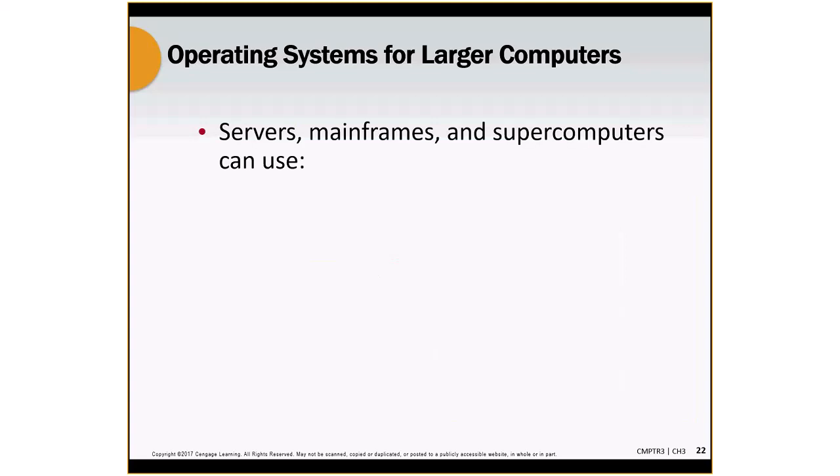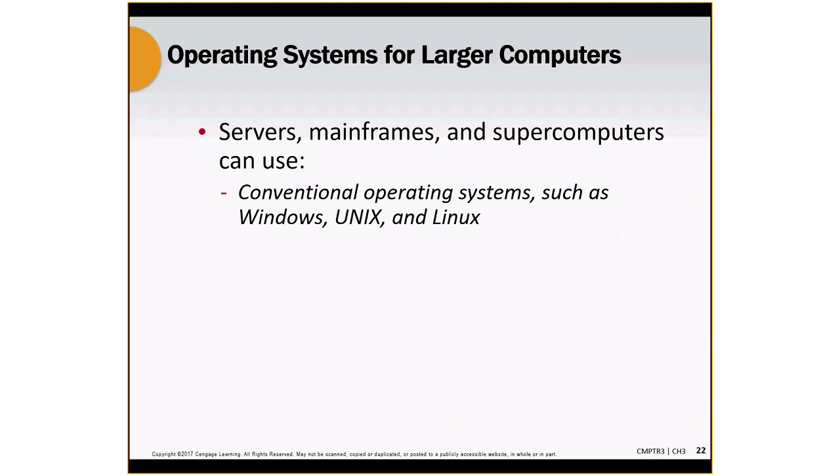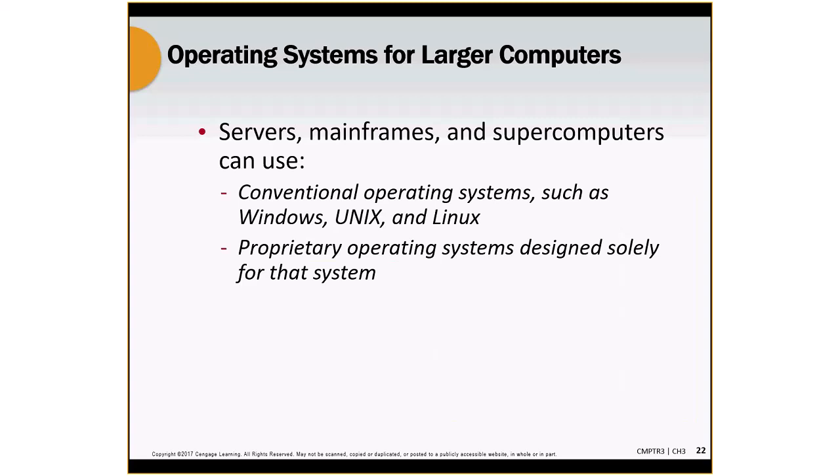The operating systems for larger computers include servers, mainframes, and supercomputers. Conventional operating systems such as Windows, Unix, and Linux are used, as well as proprietary operating systems designed solely for that system. Whenever there is a mainframe computer or a supercomputer or different servers, there are specific operating systems designed directly for use with that system. IBM mainframes are an example of that.